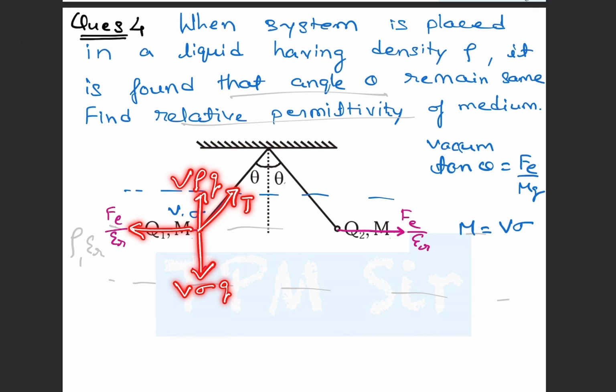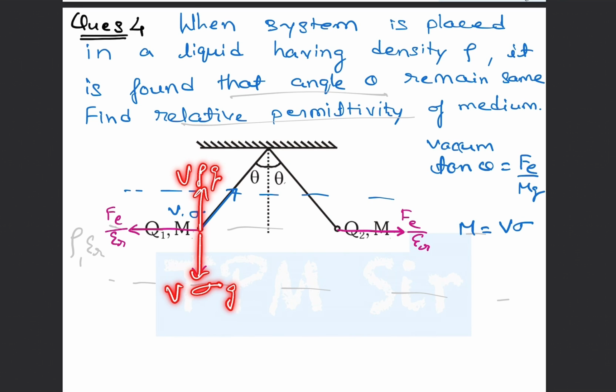Now I am going to take the resultant of these two first. I will solve these two, and I will try to see this situation in the same way as we solved this question in vacuum. So here is Fe, here is tension, and here we had V into rho into g, and here we had V into sigma into g.